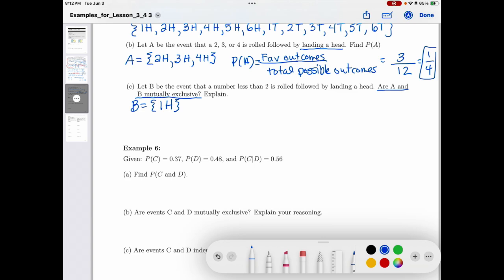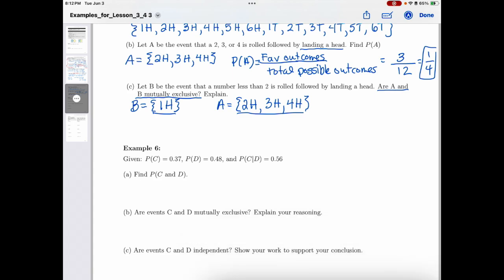Are A and B mutually exclusive? So remember, mutually exclusive means that they can't happen at the same time. They don't have anything in common. So when I look at event A, there is nothing in common.